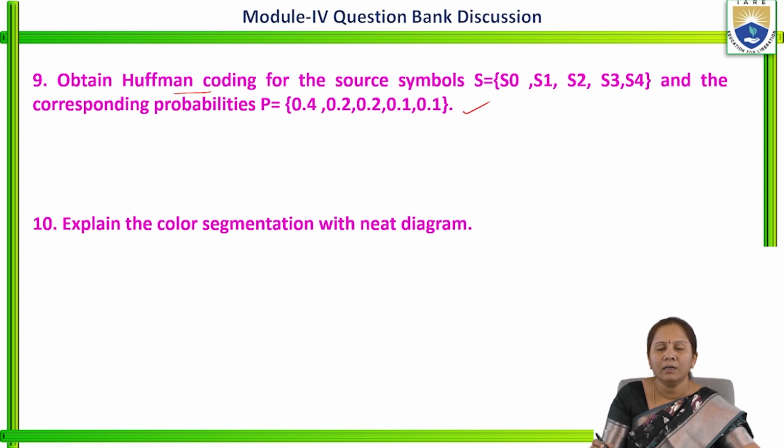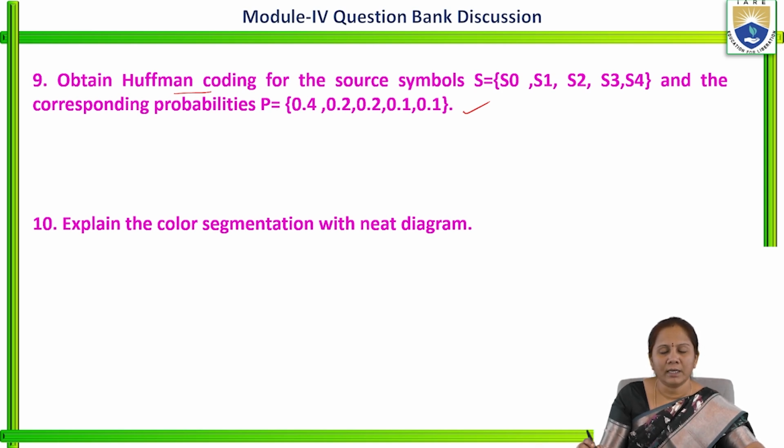Most probably in the Huffman code, the parameters they can ask are the average length, efficiency or redundancy. We know the formulas for all those. Average length is the sum over i equals 1 to n of p(ri) times l(ri).